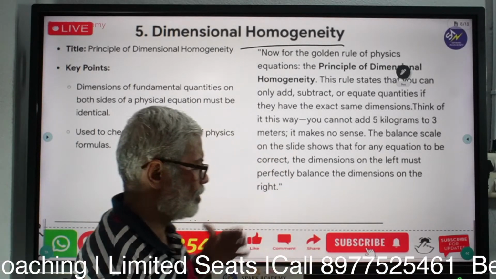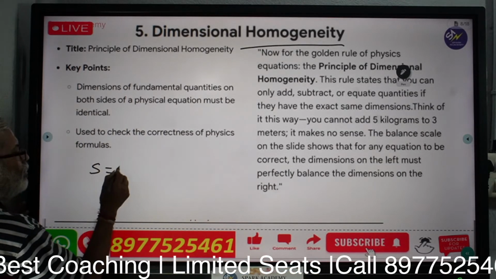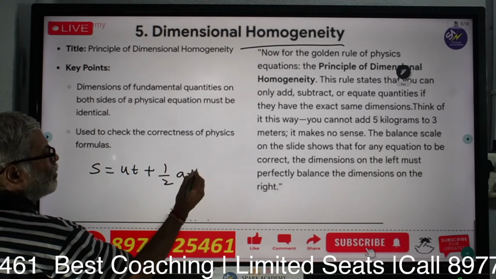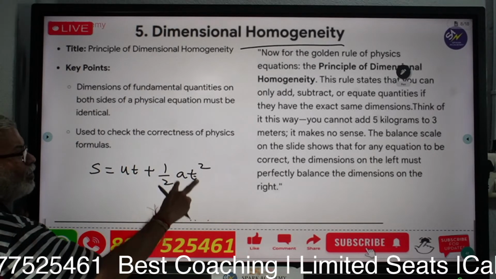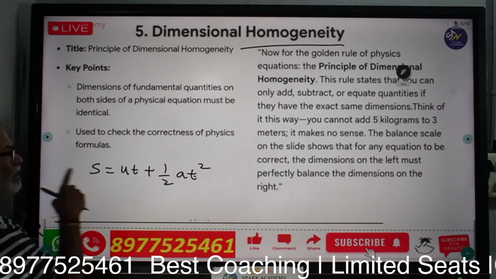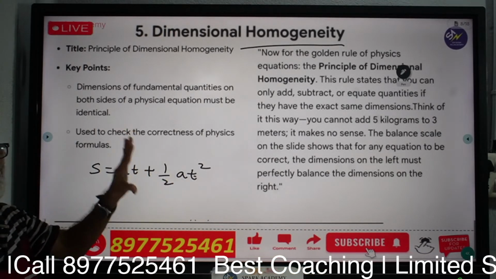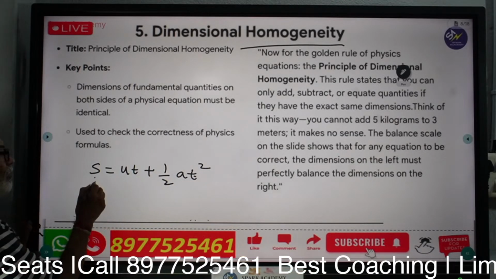For example, suppose you have the equation S is equal to ut plus half at square. You can add this physical quantity to this physical quantity to get S. S is some distance. This is possible only when all the dimensions are the same. What is the dimension for S?